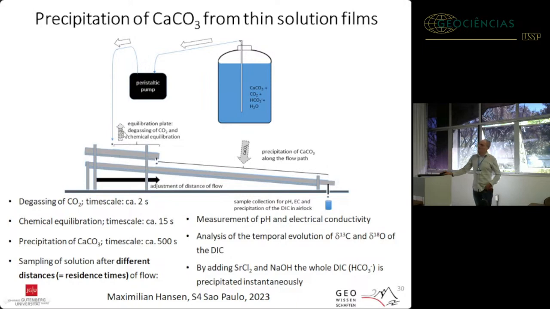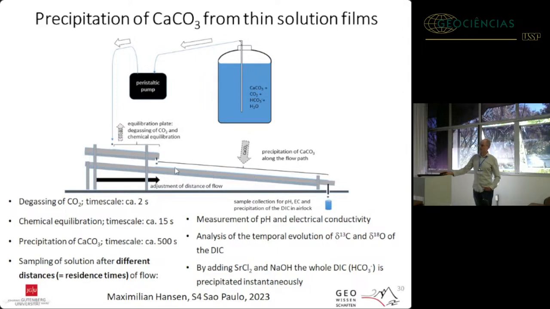So we got the degassing of the excess CO2 and the chemical equilibration with the artificial cave atmosphere, and the solution reached supersaturation with respect to calcite. So we had to measure very precisely the electrical conductivity and the pH value to really get where the precipitation process starts, right?